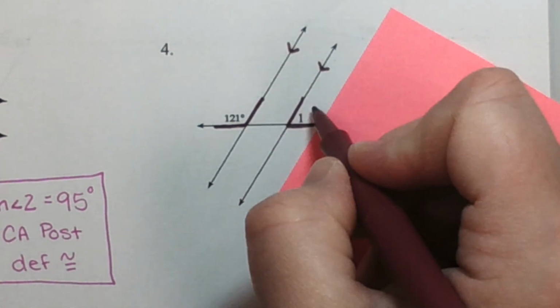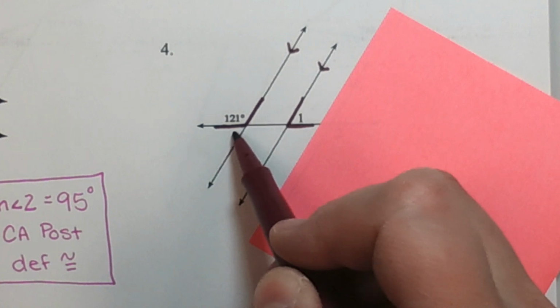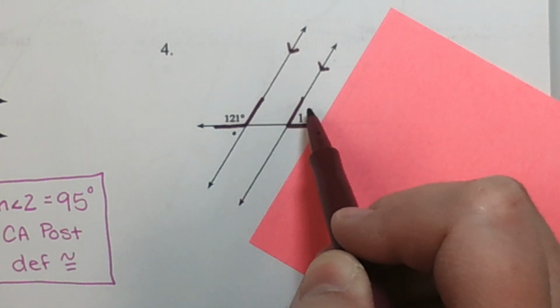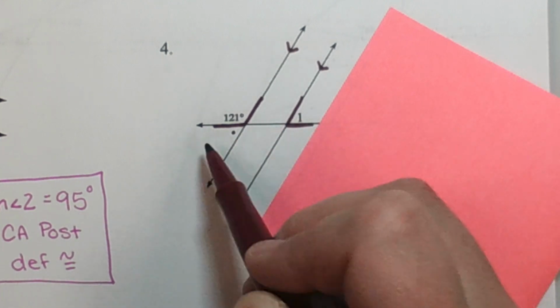For example, like angle 1 and this angle right here. Then we could work with this. And why am I talking about this? Because that's how we're going to make this work for us. We can find this angle here. And if we find this angle here, then we have alternate exterior angles.